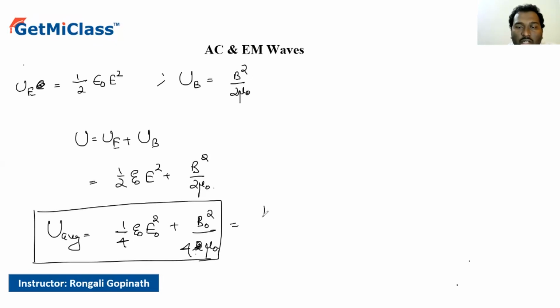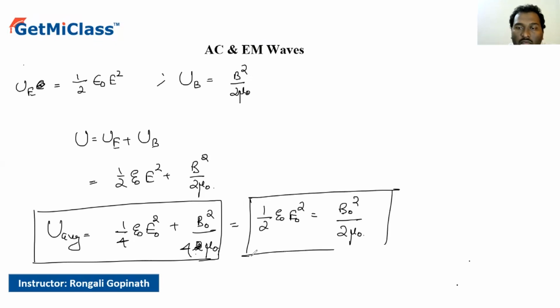So this can also be written as half times epsilon naught E naught square, which can also be written as B naught square by 2 times 2 mu naught, because the energy is equally divided across electric field and magnetic field. We cannot say that an electromagnetic wave is having more energy associated with electric field and less energy associated with magnetic field.